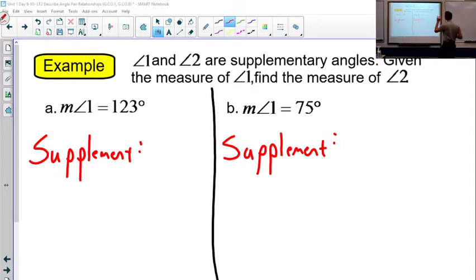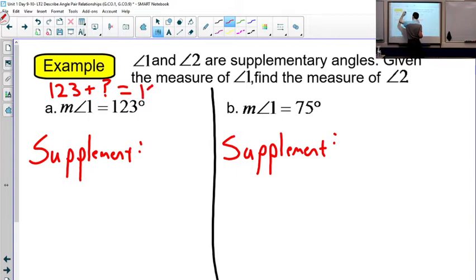So if I want the supplement of an angle, for example, 123, the question that I'm asking is, I've got an angle that's 123, and I want another angle with the goal that if I add 123 to that angle, I'm going to get 180.